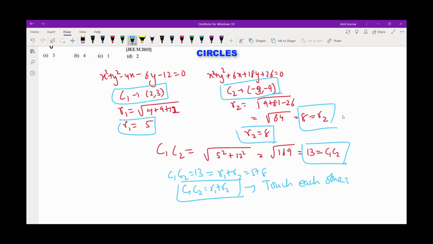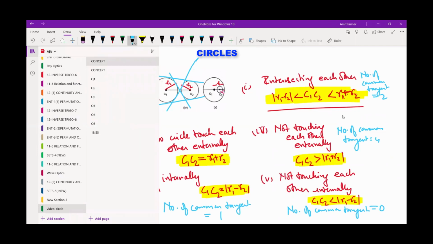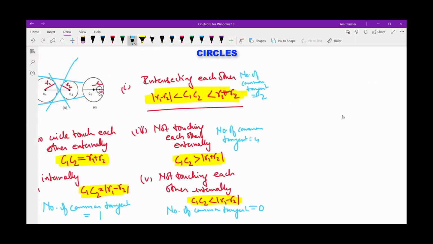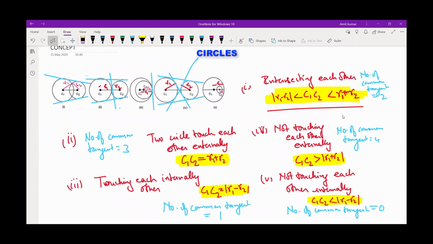If these two circles touch each other externally, then the number of common tangents, look at the diagram. In this case, the number of common tangents when two circles touch each other externally is this diagram, and the number of common tangents here, what we get, is 3.